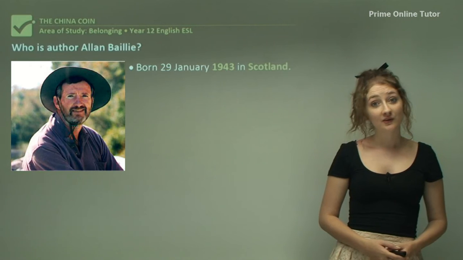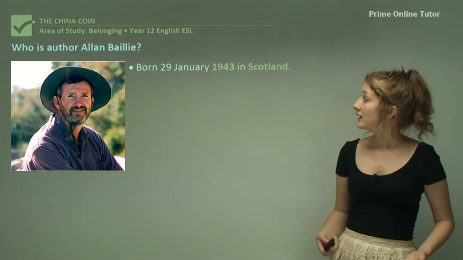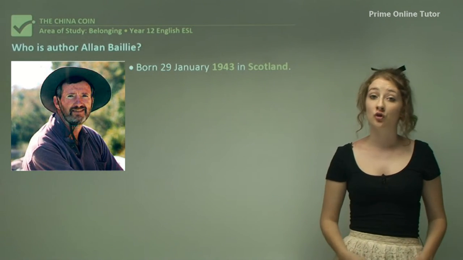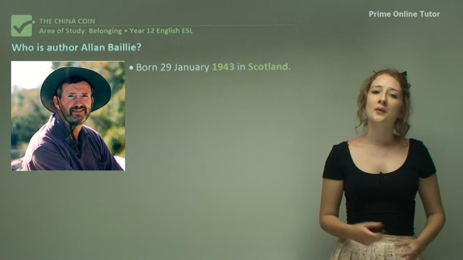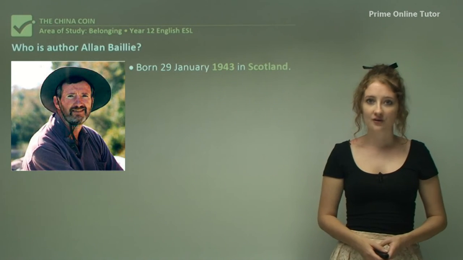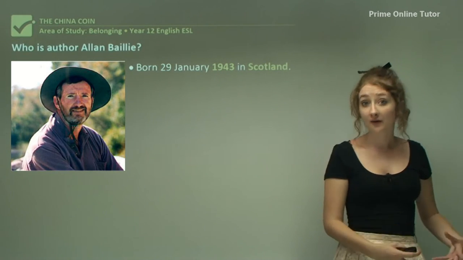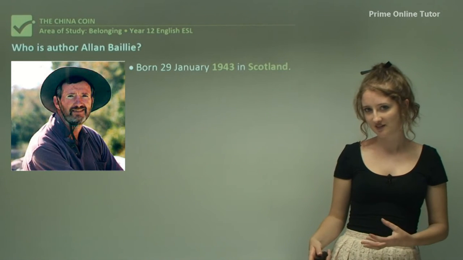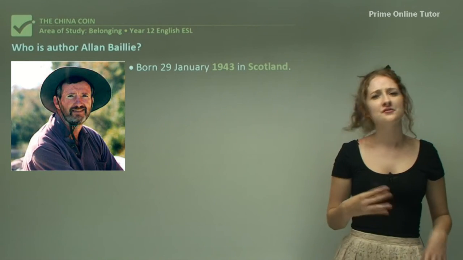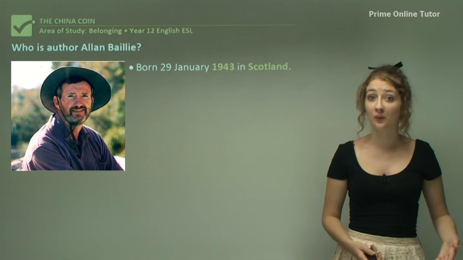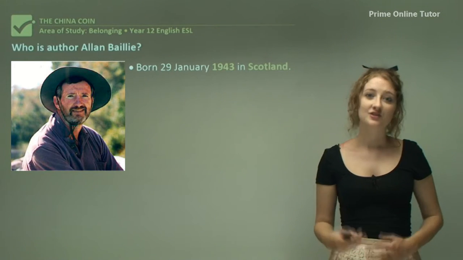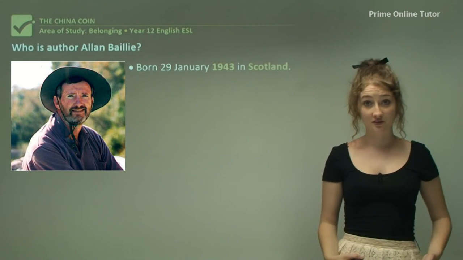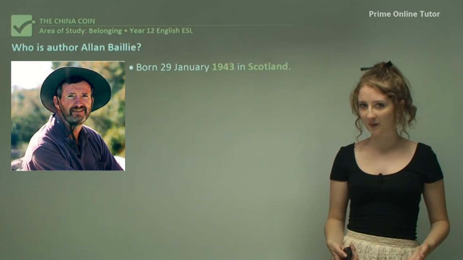So now let's take a look at the author, Alan Bailey. Now, basically, when you're studying a book, it's so important that you have an understanding of the way in which the author's background has influenced the construction of a text, and those different factors which perhaps really persuaded the author in the first place to write about these events and influence you through his work.